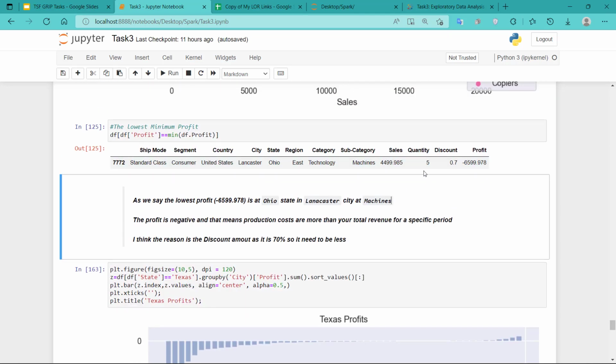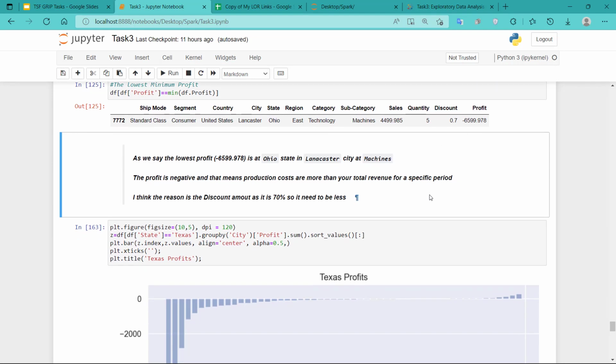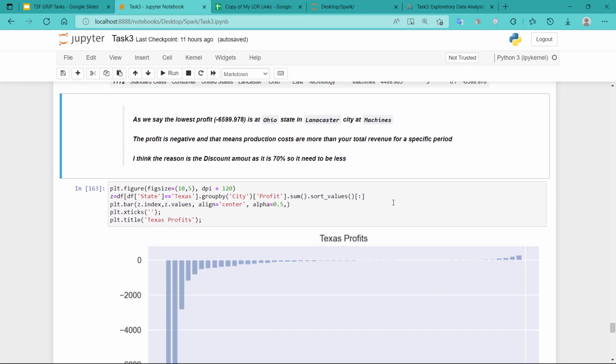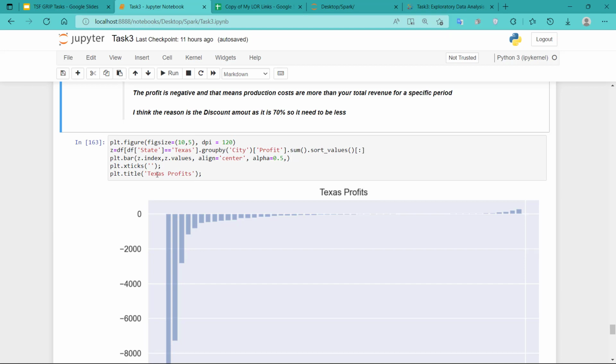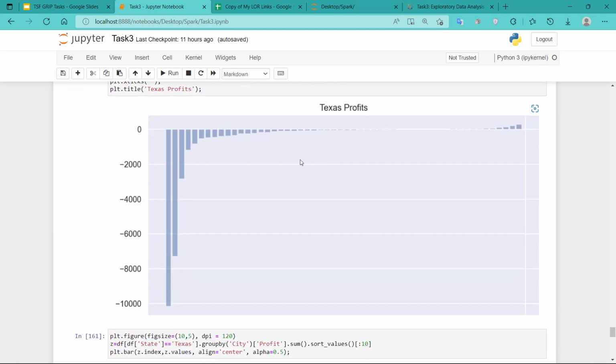So we have to lower the discount so that the profit will increase, or as people want to buy or not. And we found that in the Texas state, 90% of the cities have a negative profit, so it's a loss.